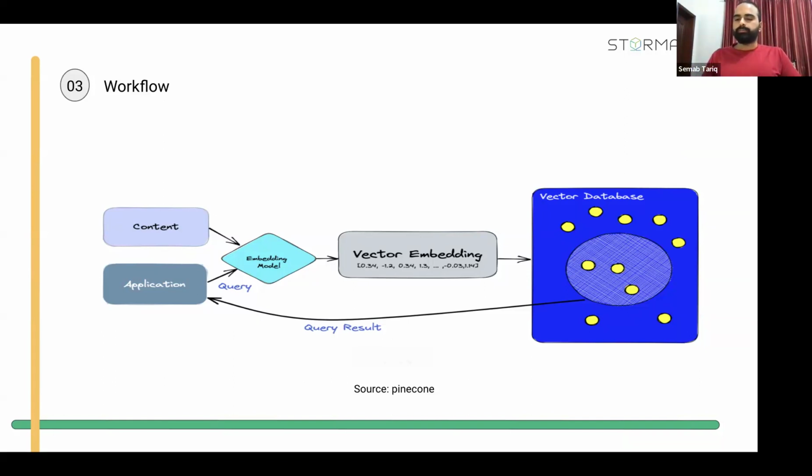Once we have the top 5 to 10 similar results, we can pick the topmost similar result and send it back to the application, or eventually to the user.